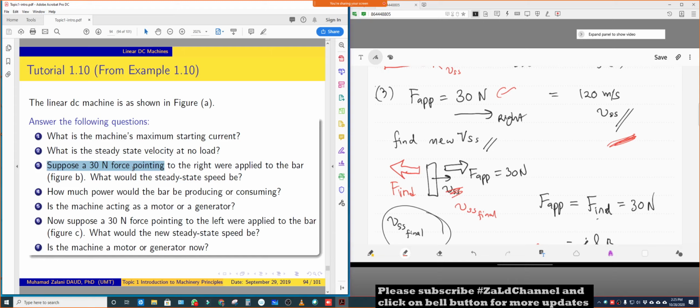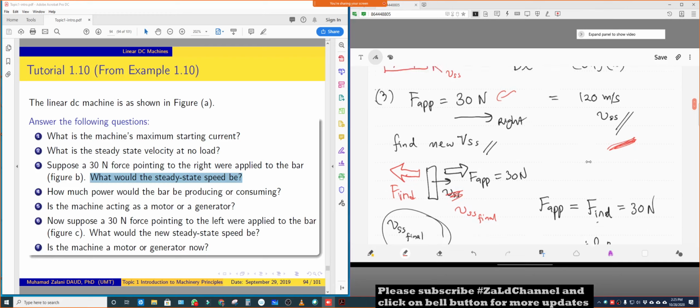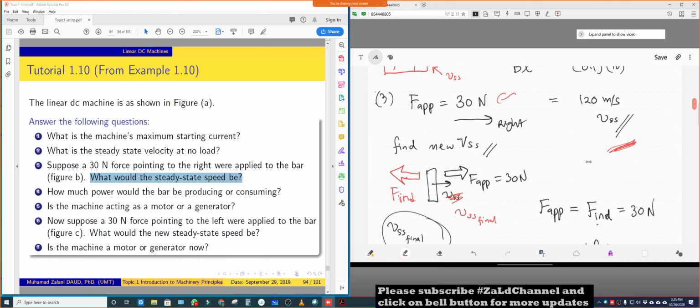we are trying to apply the force. We apply the force pointing to the right of the bar. So what will the steady state speed be? Okay, so we know that we start the machine.